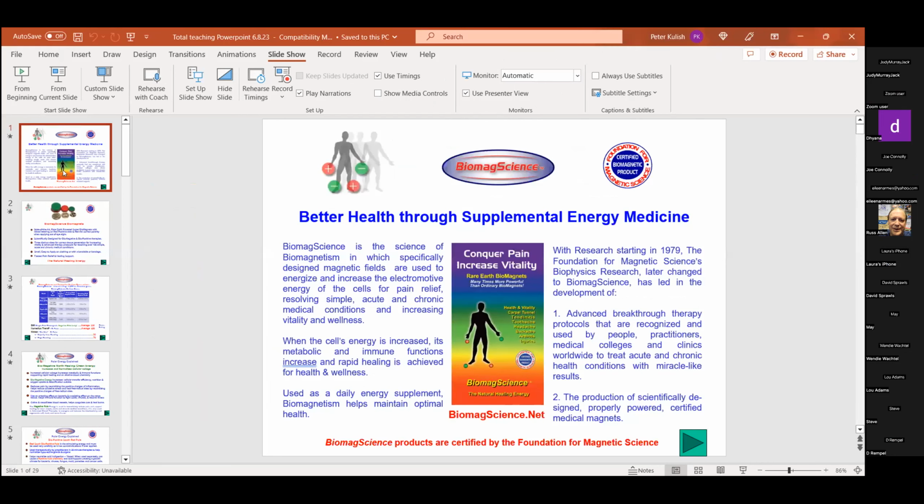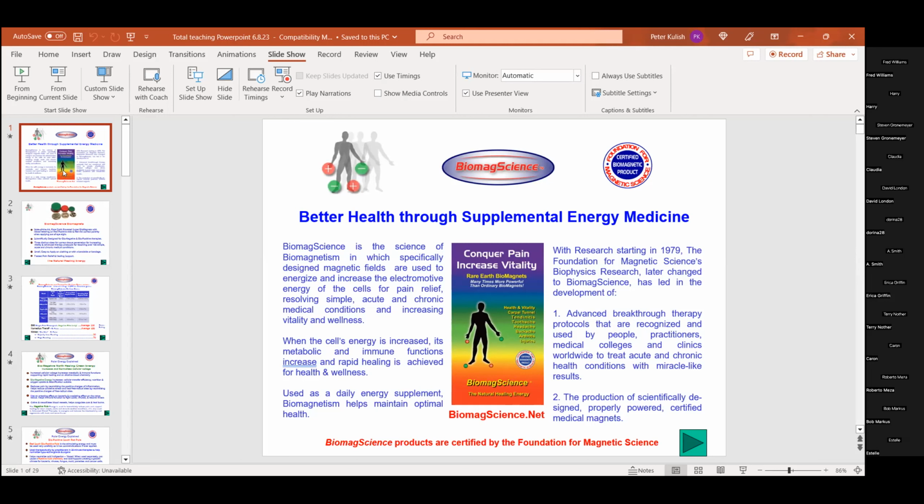So essentially, the way magnetism works is, magnetism creates electricity. And in biomagnetism, of course, what we're trying to do is to elevate the cellular voltage of the cells to increase their function. This is the primary basis of what biomagnetism is all about.